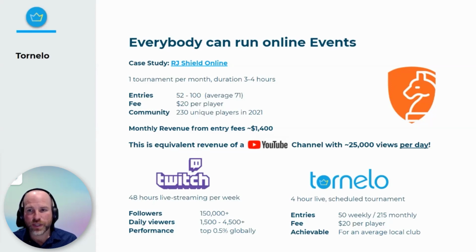But it's a lot of work. If you're on Twitch, you might be streaming 48 hours a week. If you're on Tornelo, you could just run a 4-hour tournament once a week and get the same sort of revenue as somebody who's in the top 0.5% of people. So there's a real opportunity.